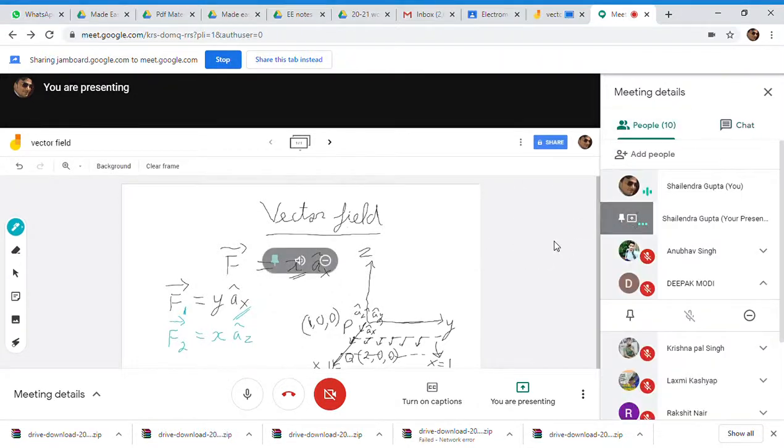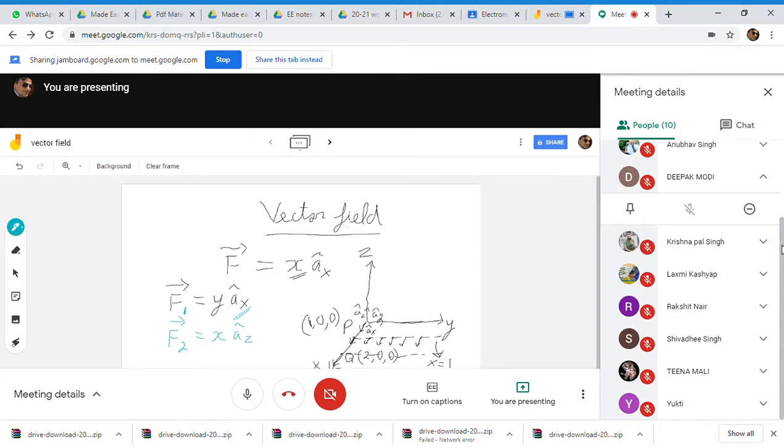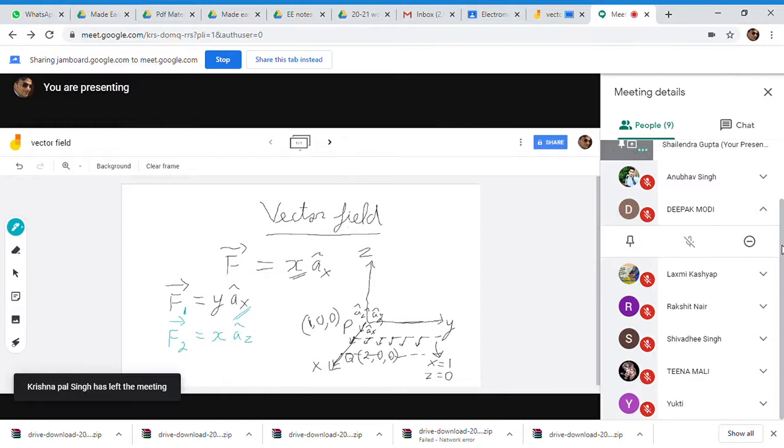और किसी के साथ वॉइस की प्रॉब्लम आ रही है? मेरी आवाज क्या सबको साफ आ रही है?